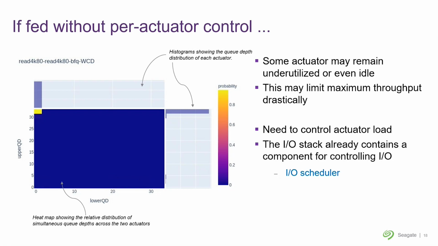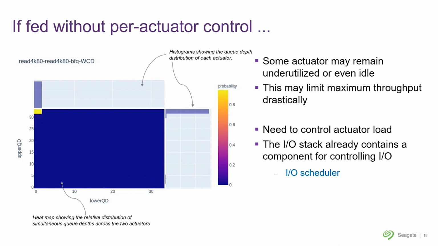I see down here in a couple of areas very little activity, but we've effectively idled one actuator. At the top, this is a whole lot of zero. On the right, this is a whole lot of 32 for the upper actuator. So instead of seeing the promise of 1.8x or 2x performance that we can get with sequential workloads, in this case, and this is a random workload, we're effectively seeing something close to no performance gain for dual actuators.